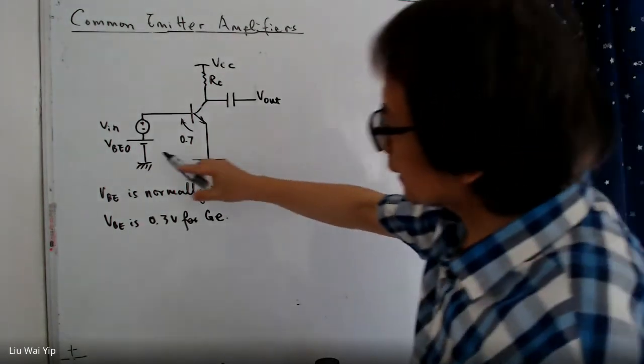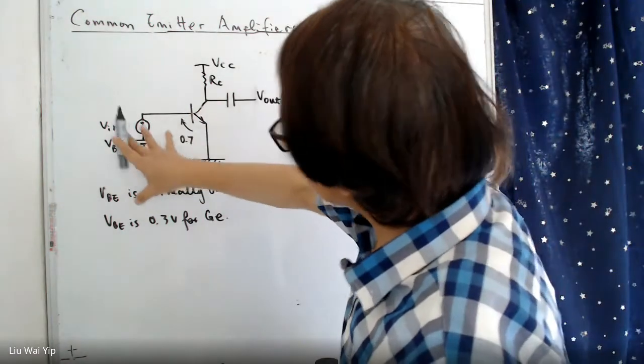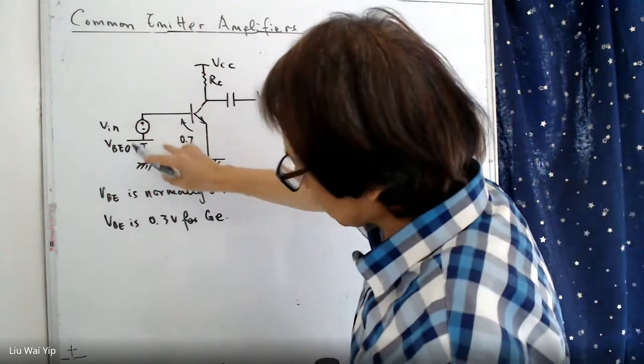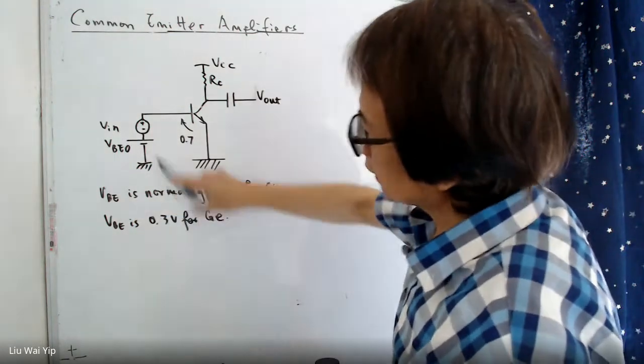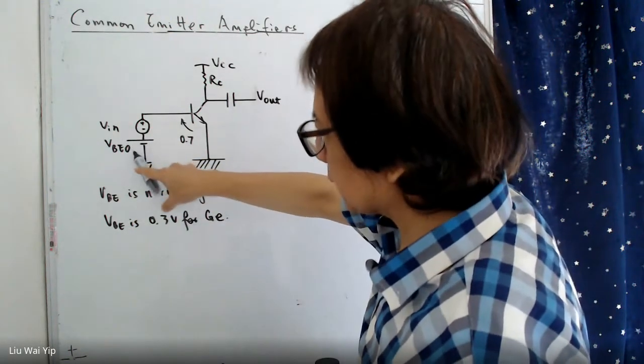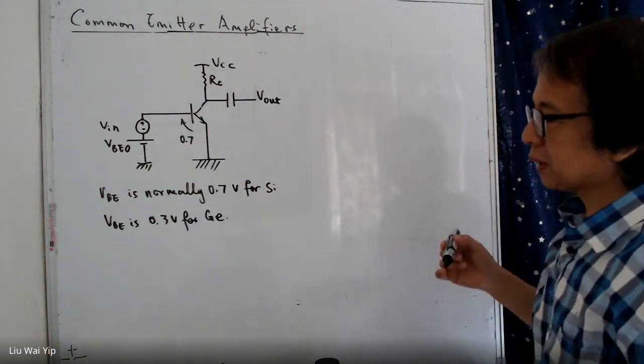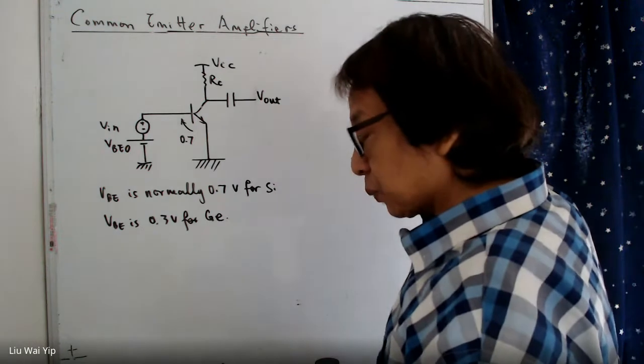So what about this case? In order to make this circuit work, VBE naught should be around this figure. If you use some other value, say 1 volt or whatever, the circuit will not work properly.